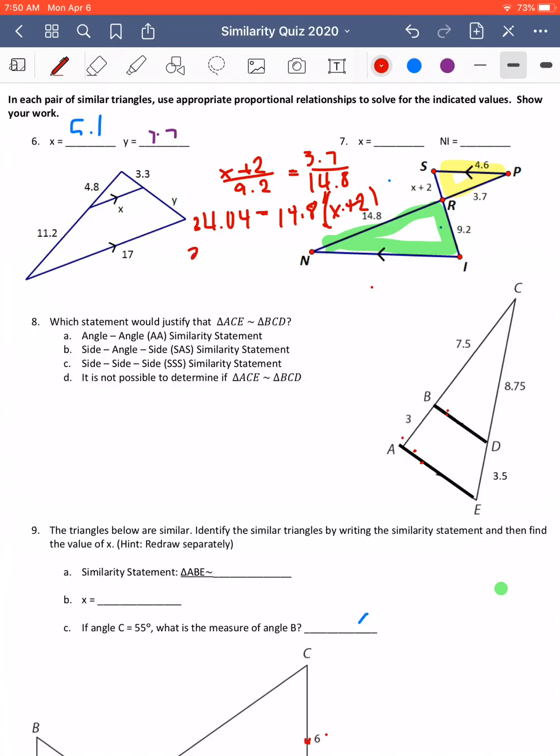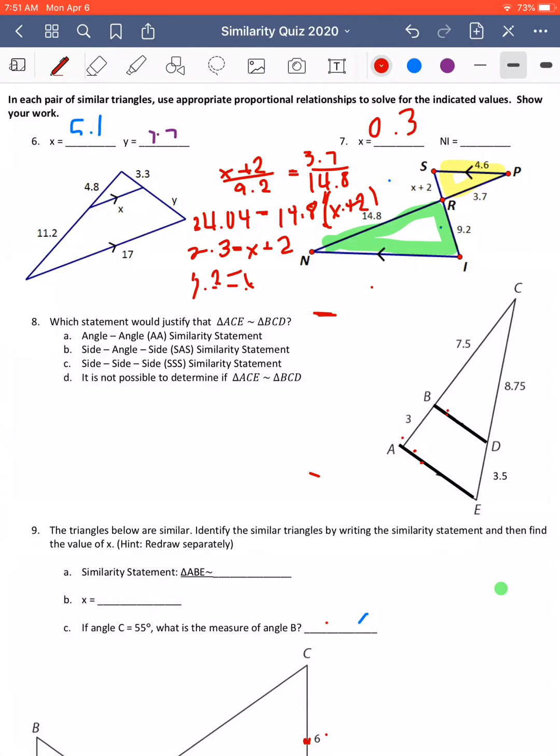So we can just divide by 14.8 instead of distributing it out. So we get 2.3 equals x plus 2. Subtract 2 from both sides, so x equals 0.3.